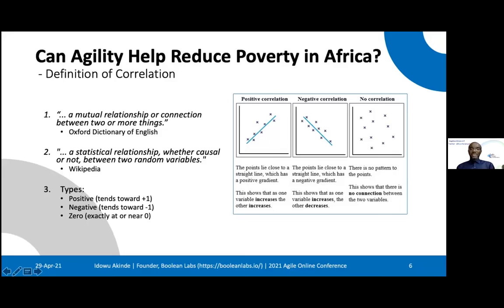For instance, in any population, as people are vaccinated against a certain disease, the number of occurrences or deaths from that disease should drop. So there should be a negative correlation between vaccinations and appearances of a particular disease. That's a no-brainer. Zero correlation is when there is no visible or obvious pattern in the data. Very simple definitions.